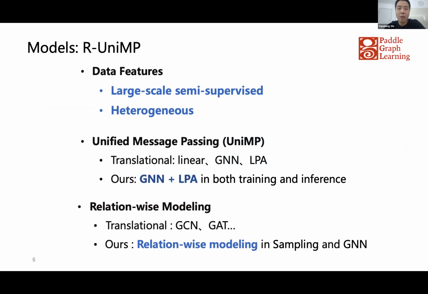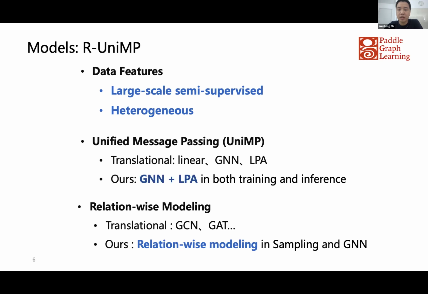Following the baseline, our main solution, named R-UniMP, makes some modifications based on the features of this data to further improve the result. This data has these two features: large-scale semi-supervised and heterogeneous.